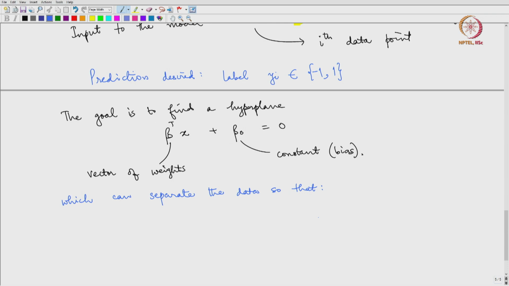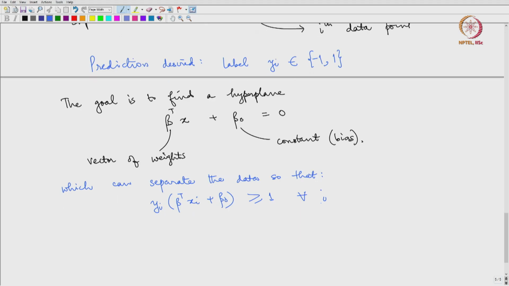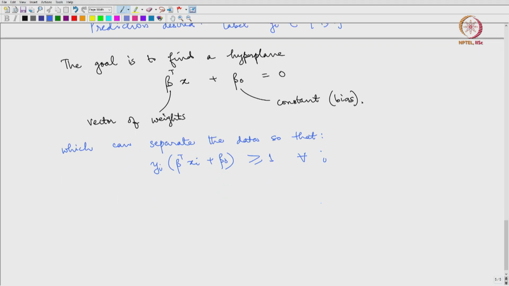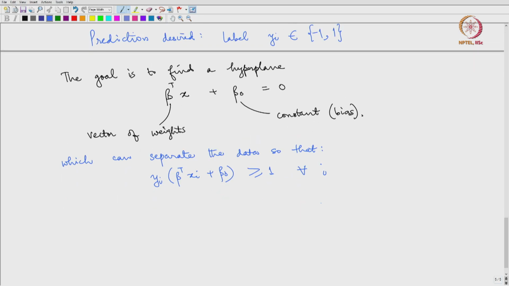Essentially we write it in this way: yi times beta transpose xi plus beta naught is greater than or equal to 1 for all i. Okay.